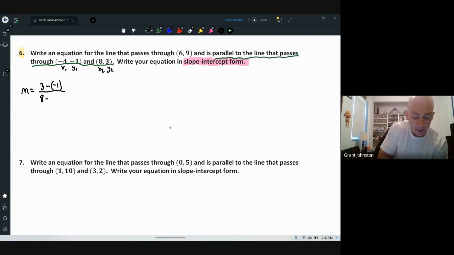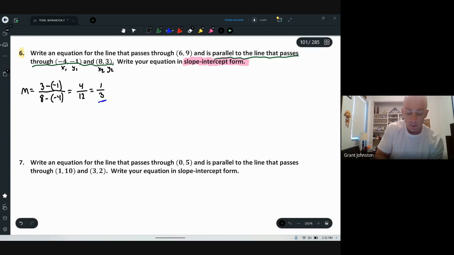So 8 minus negative 4. 3 minus negative 1 is 4. 8 subtract negative 4 is 12. 4 over 12, that is 0.3 repeating. If you were to type that in, I'm going to just keep it as a fraction. I'll simplify that to 1/3.